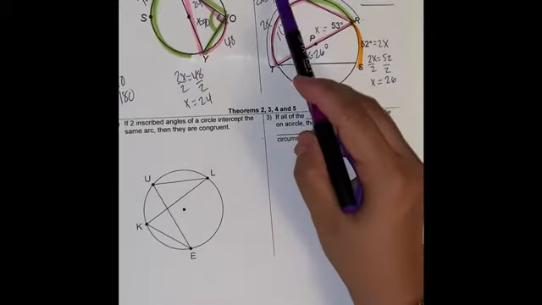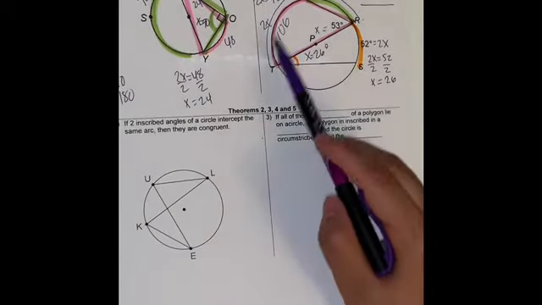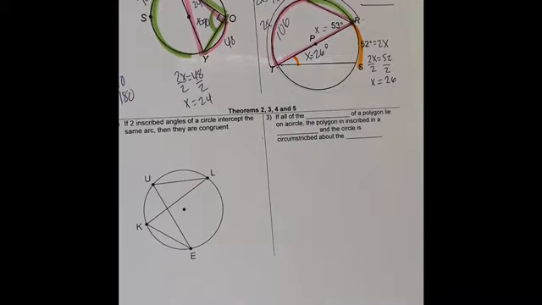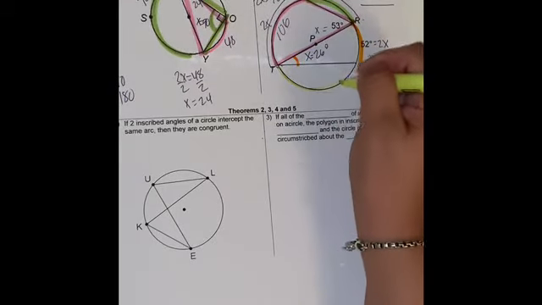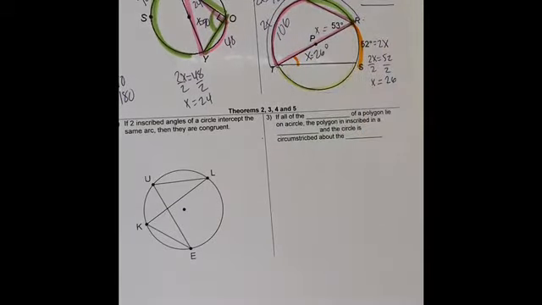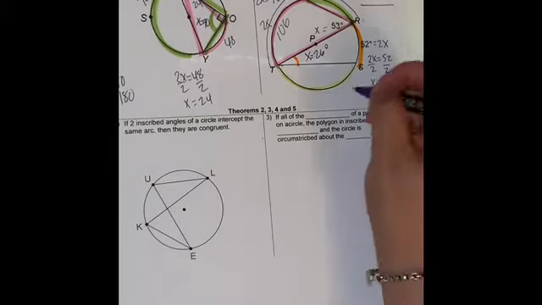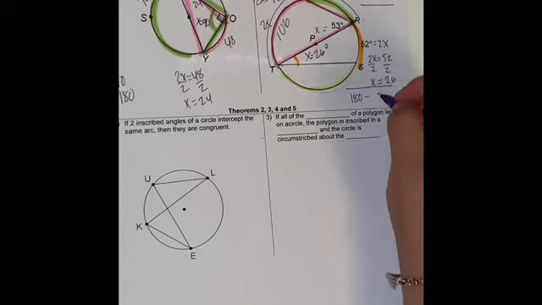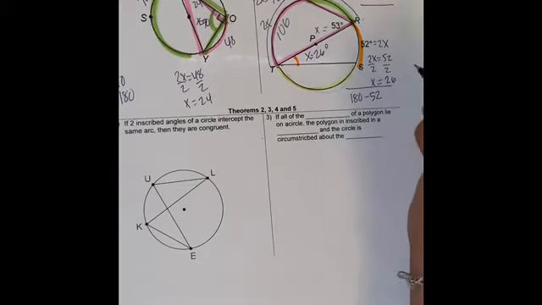And then the measure of TS, it's the same thing because this is, again, half a circle or a semicircle. That right there is going to be in yellow. And it's 180 minus RS, 52, which is equivalent to 128.